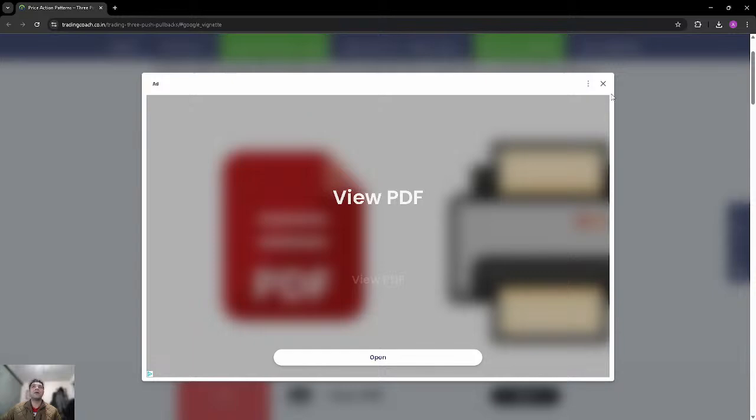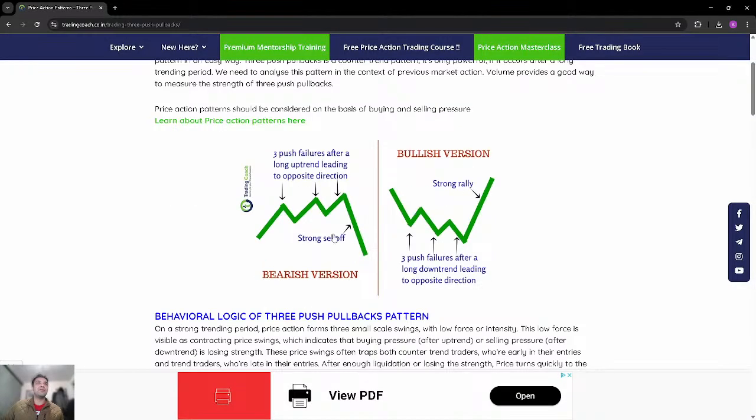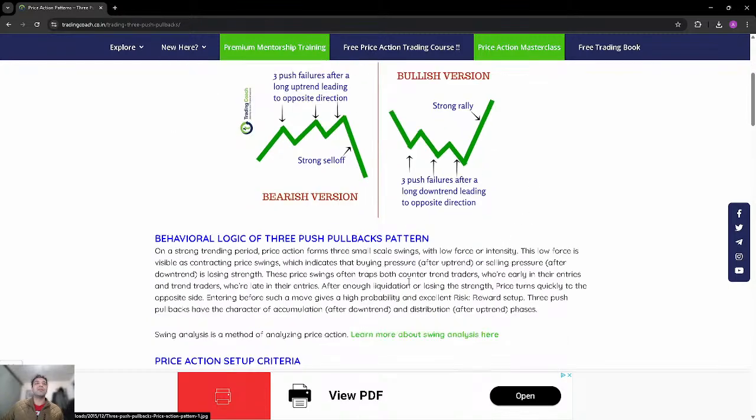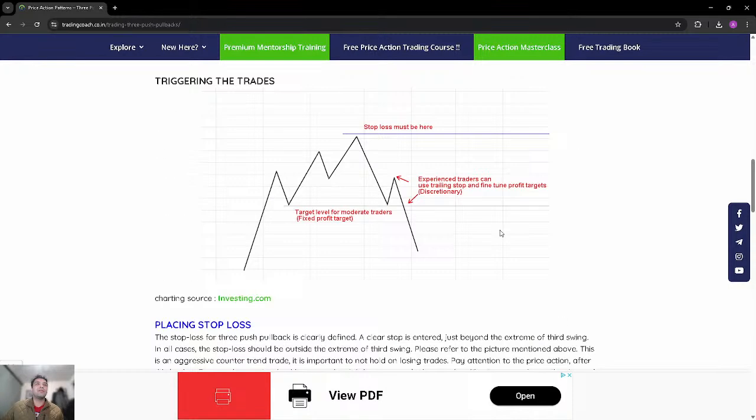So this is what I was talking about, this is a three push pullback pattern: one push, two push, three push, and then there's a sell off. Similarly it happened on the downside as well. The price swing is contracting here and forming a channel, and then there's a breakout that happens around this point.